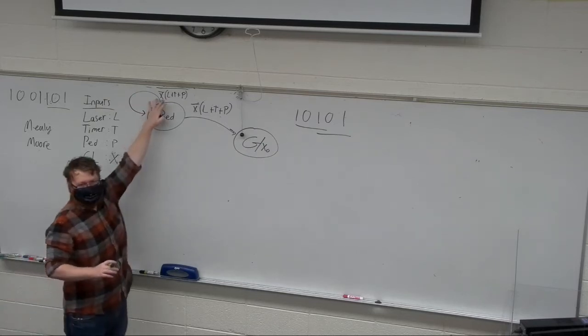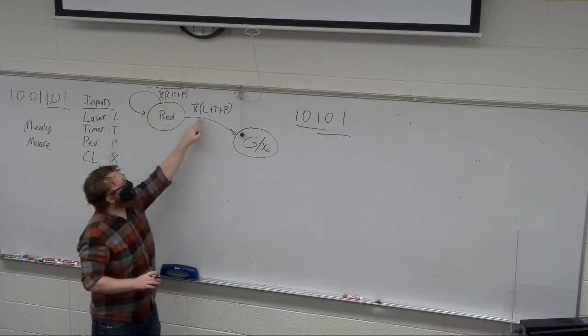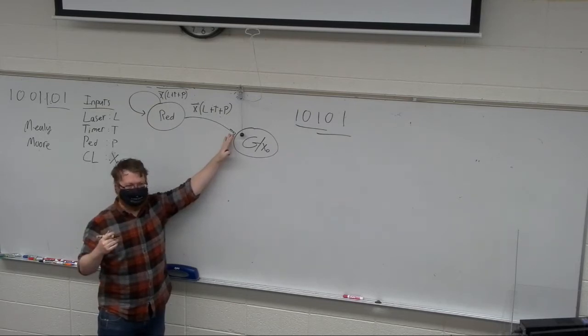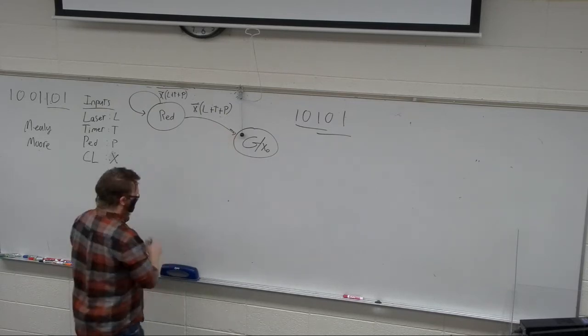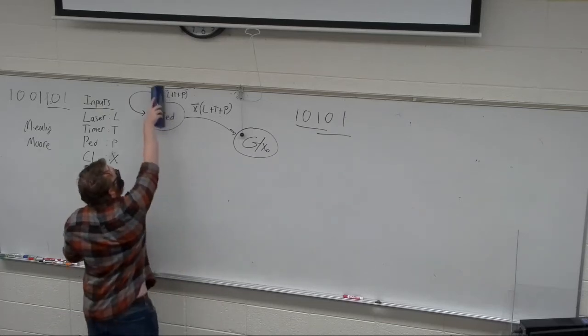So I could throw out this X and not worry about it. And I could go to a hold state that says if L or T or P, let's go to hold and output our X. We're requesting that you change to red. And then we stay there until not X. In fact, I kind of like that one.